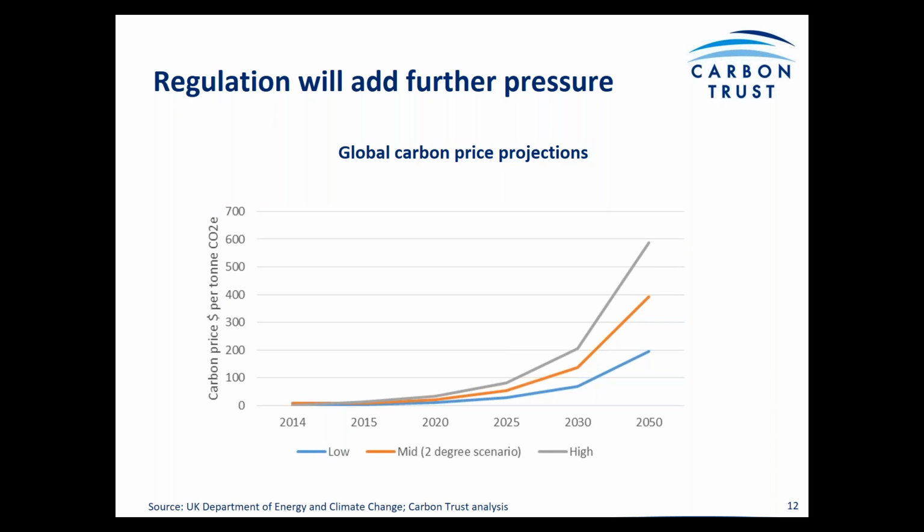So considering all these trends, it becomes clear that those companies that want to remain competitive are looking to incorporate resource efficiency into all aspects that impact their supply chain resource use.